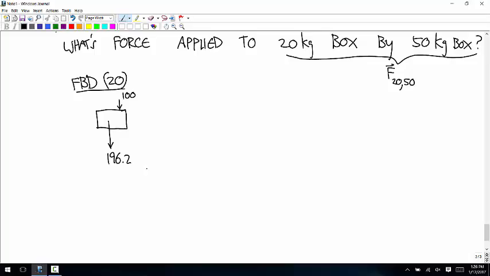And then there's also something on this boundary producing the 50 Newton force. And the last place that the outside world contacts the boundary is the contact between those two boxes. That's a friction contact, so we don't know the direction. And this is the force acting on the 20 by the 50.